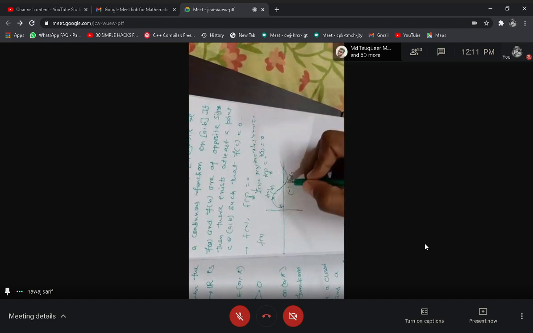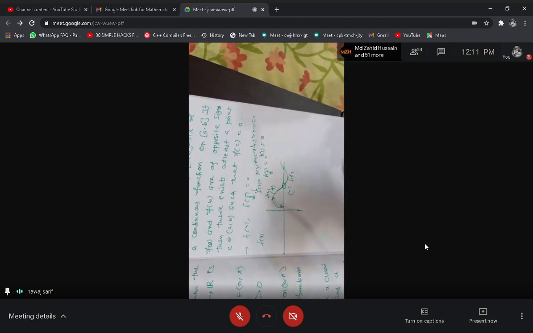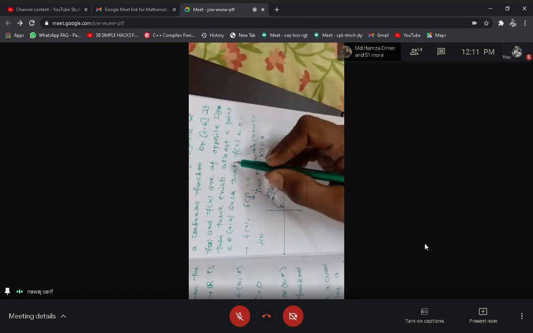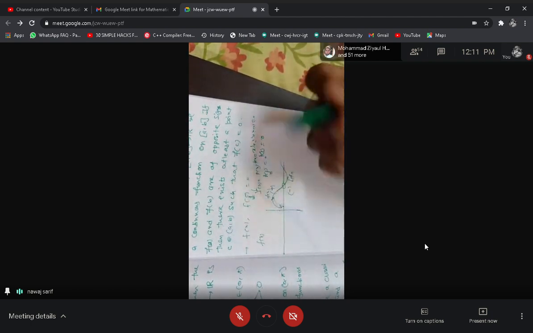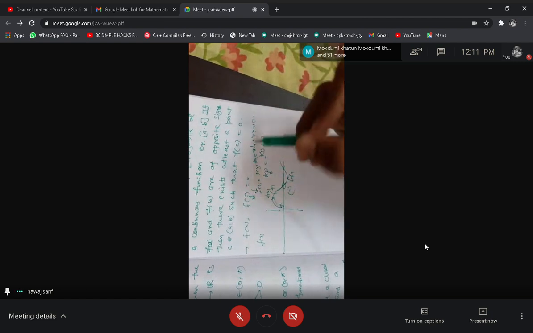In between, we get a point. That means when a function changes its sign, we get at least one root of that function.